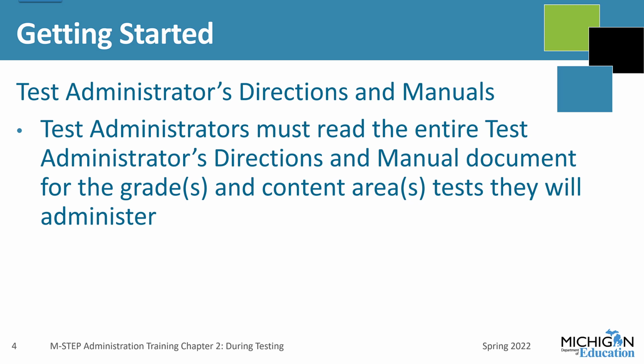Test administrators are required to read the test administrator's directions and manual document for the test mode, grade, and content area for all tests they will administer. The test administrator's directions and manual documents are specific to test mode and grade. This means that there are separate documents for online testing in each grade and separate documents for paper-pencil testing in each grade.